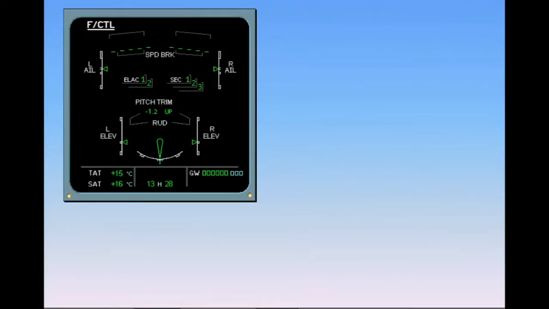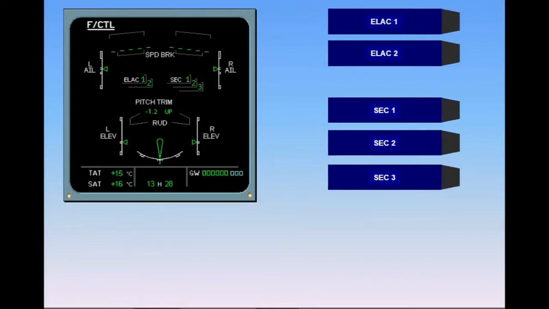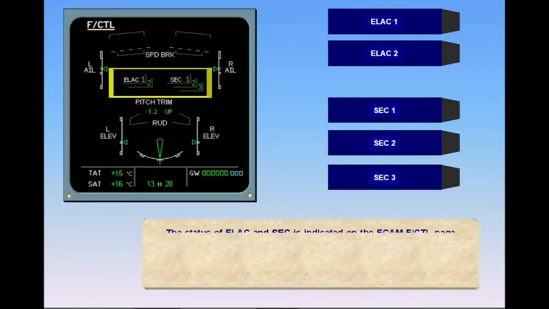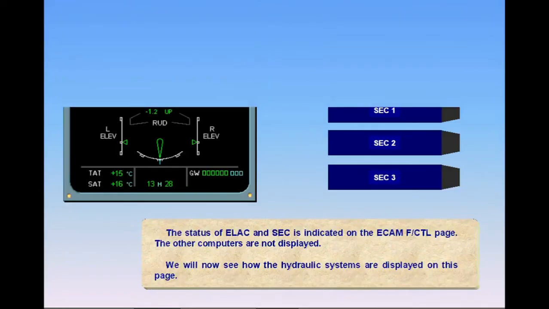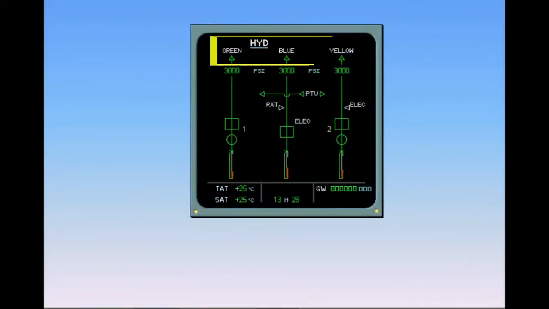The status of ELAC and SEC is indicated on the ECAM flight control page. The other computers are not displayed. We will now see how the hydraulic systems are displayed on this page. 3 independent hydraulic systems are used to power all the flight control surfaces.